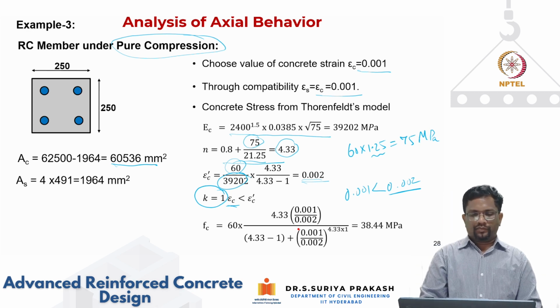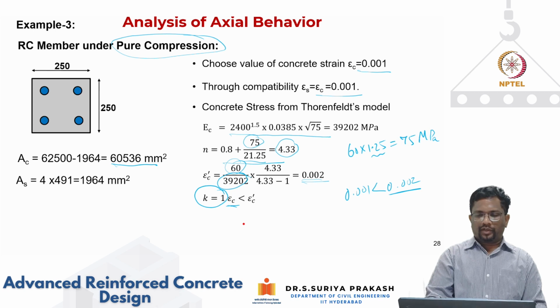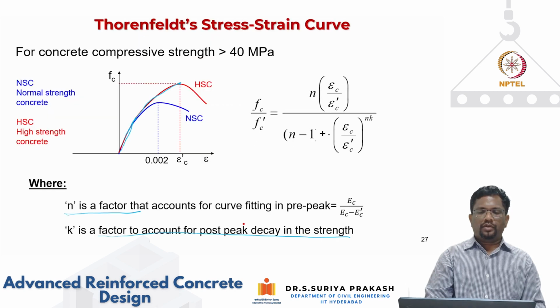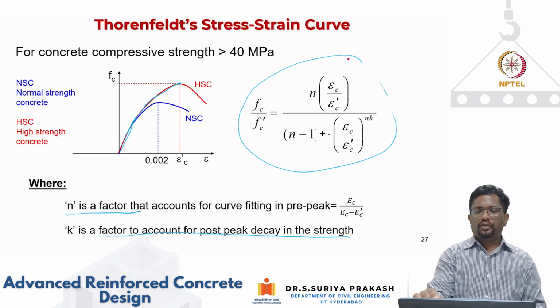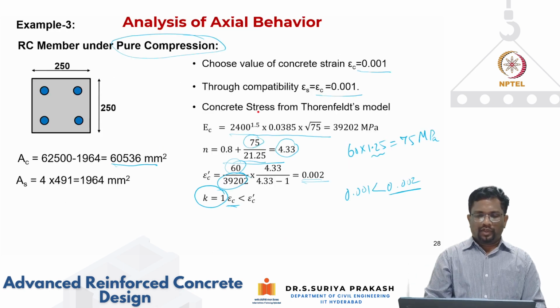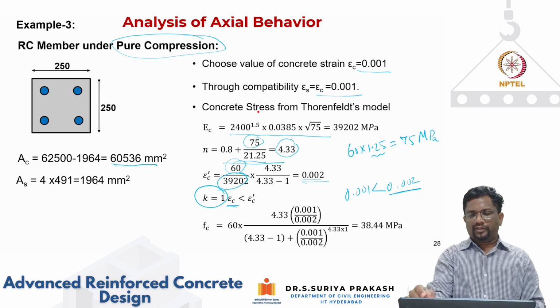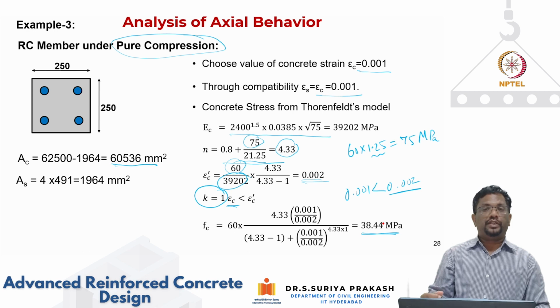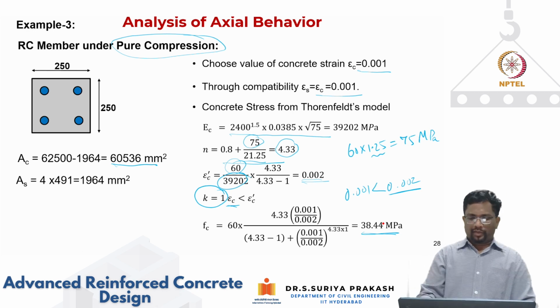And you know the Thorenfeld equation. So if we go back and put this, right? Now I got n, I got K, I got epsilon prime C, and f prime C is given as 60. So I can find out what is fc. So that is what we have done. And for this strain of epsilon C equal to 0.001, I got a value of 38.44 megapascal.